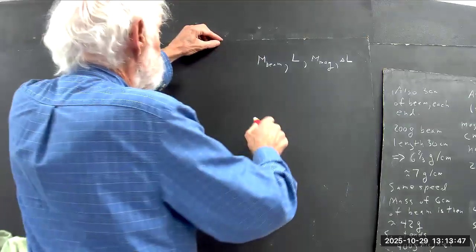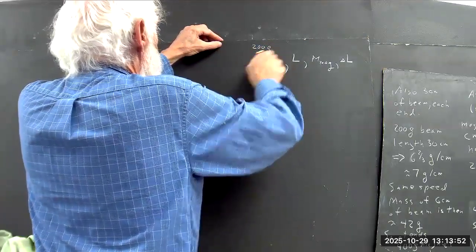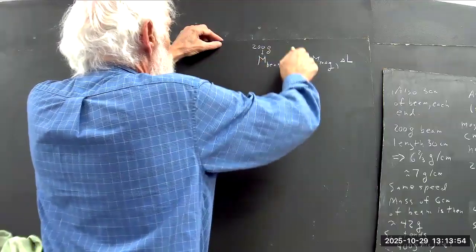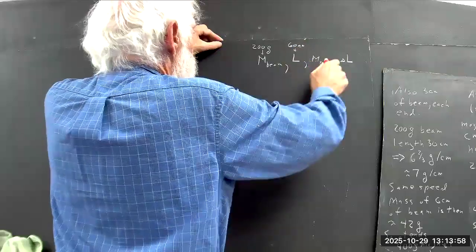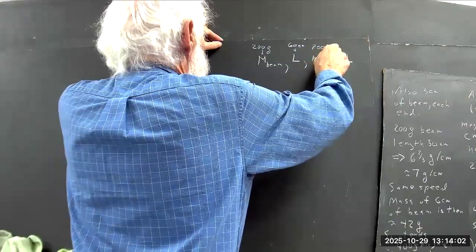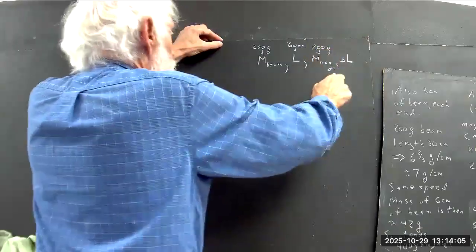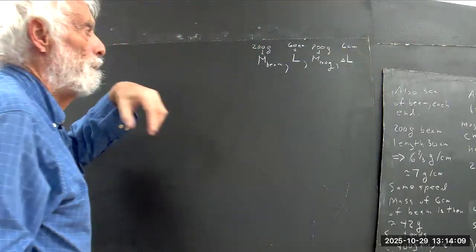In our case, this would be our 200 grams. This would be 60 centimeters. This would be 800 grams. This would be 6 centimeters.